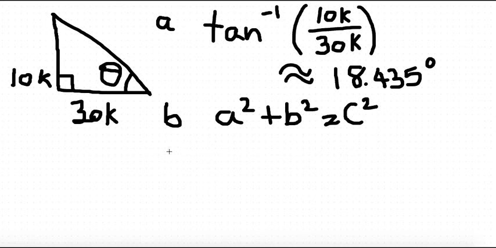Now, when you plug in the numbers, c squared is equal to 10,000 squared plus 30,000 squared.